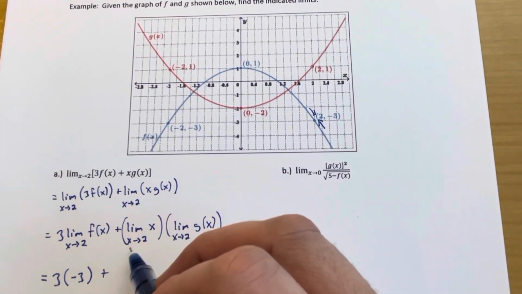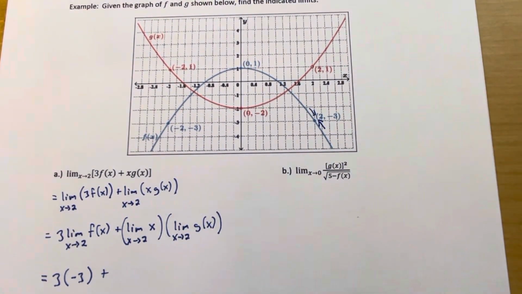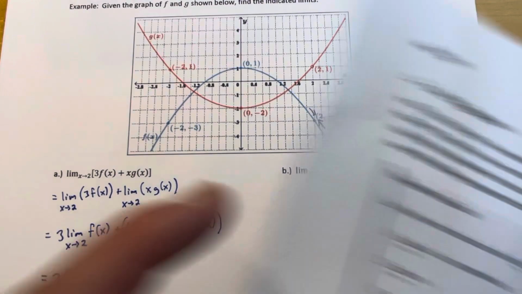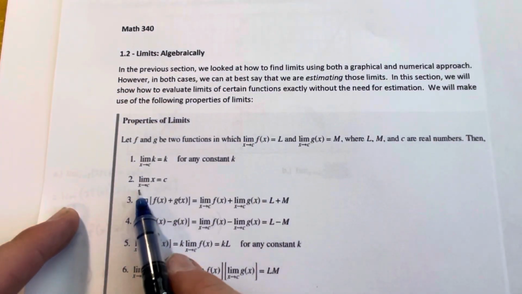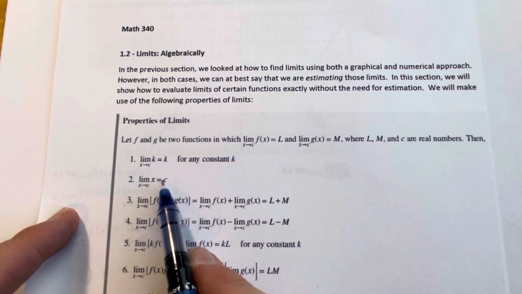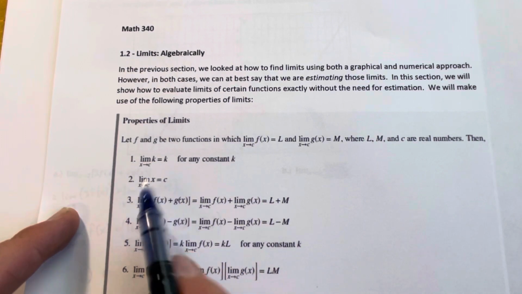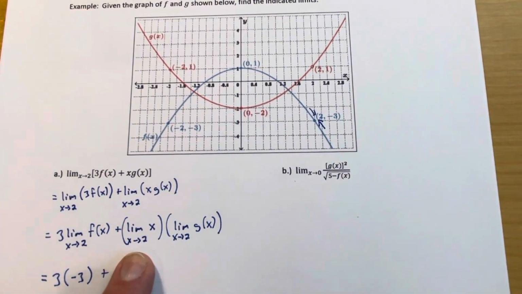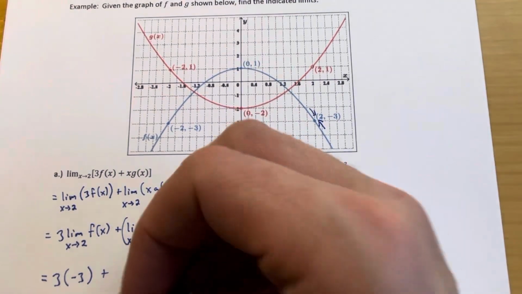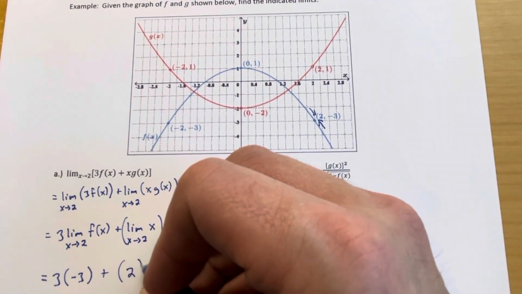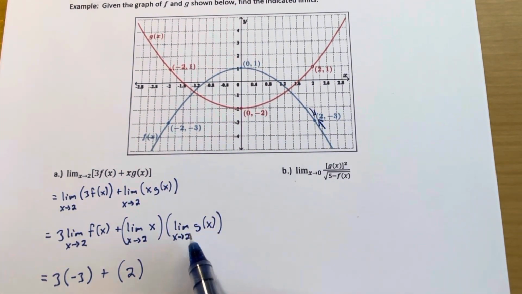The next one, the limit as x approaches 2 of x. Well, property 2 from our table dealt with limits of that type. The limit as x approaches c of x is just c, whatever it was that x was approaching. So since x is approaching 2 here, this becomes 2. And then finally, what is the limit as x approaches 2 of g of x?